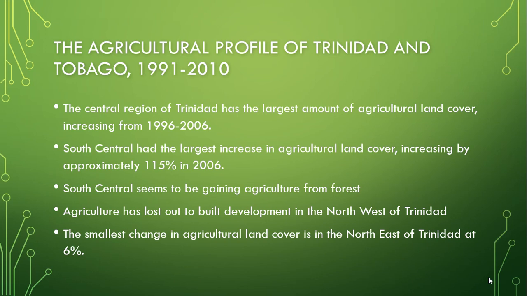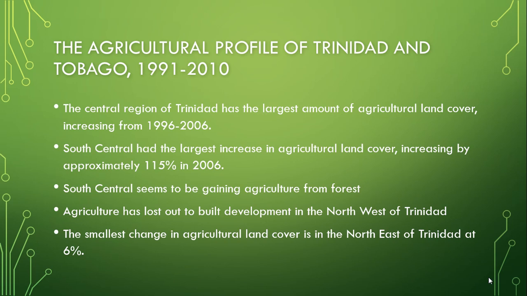Let's look briefly at the agricultural profile of Trinidad and Tobago. The central region of Trinidad has the largest amount of agricultural land cover identified between 1996 and 2006, so that 10-year period.